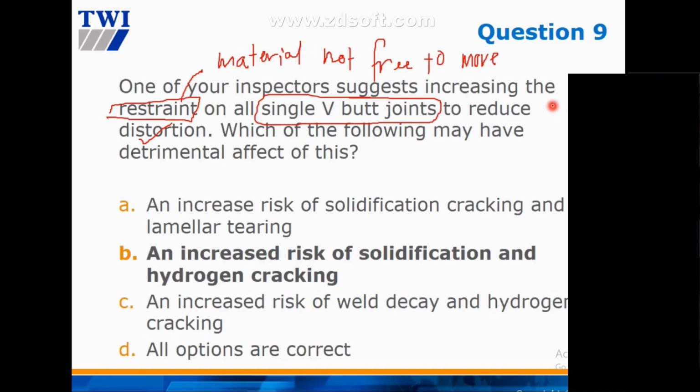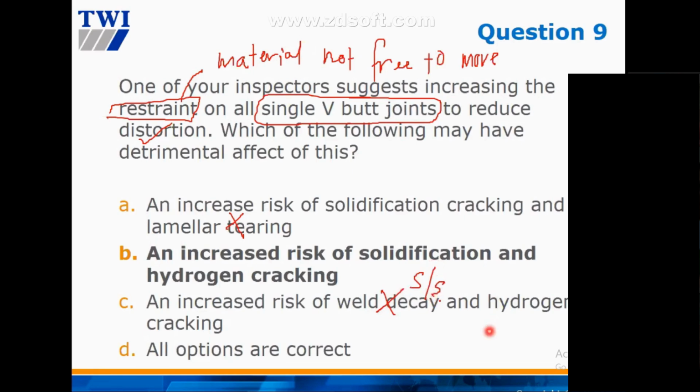Okay? All right. Single V butt joint. So that's why we have lamellar tearing answer here is wrong. Remember, lamellar tearing never occurs in single V butt joint. All right. And this one, weld decay is not from the residual stress. Weld decay here is because of carbon mixed with chromium, so that will be in stainless steel.